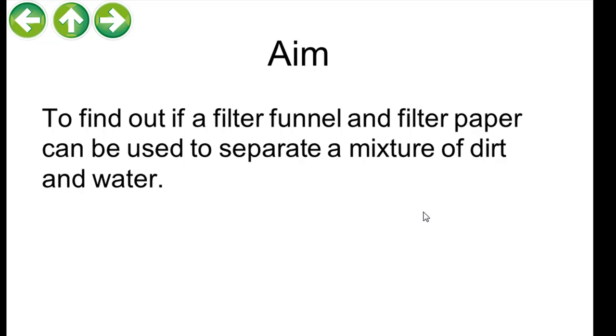So hence you can talk about it, discuss it with your students, and then click on it to reveal your aim and get them to write it down when you're satisfied that the discussion's complete.